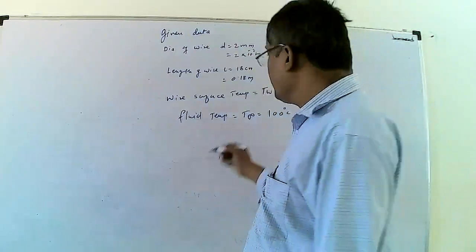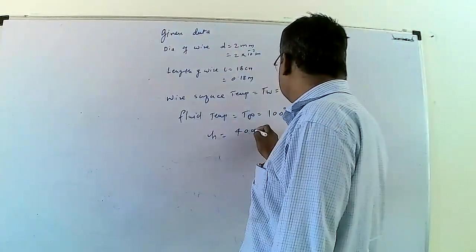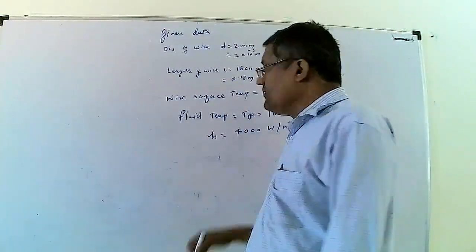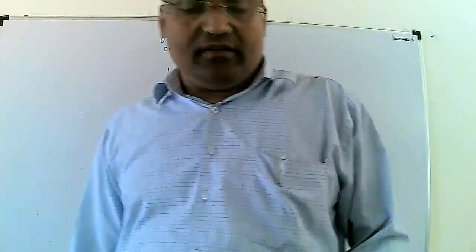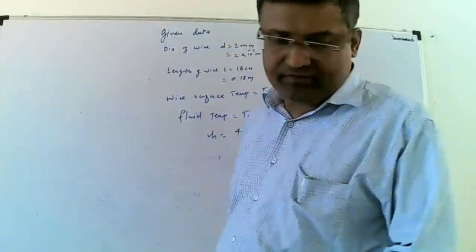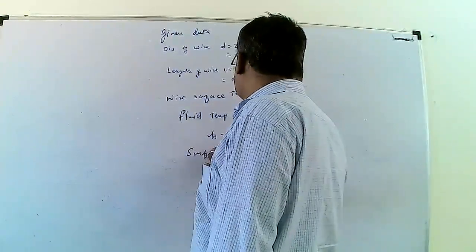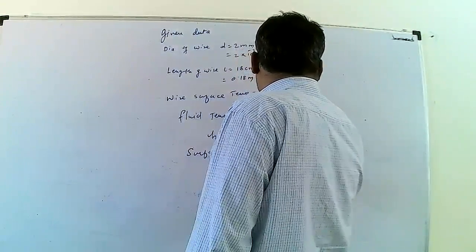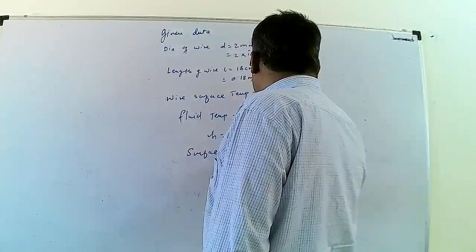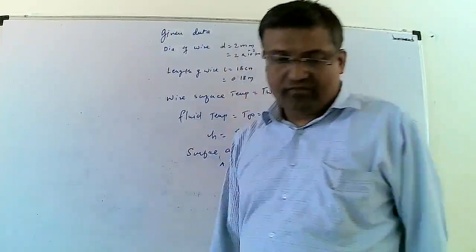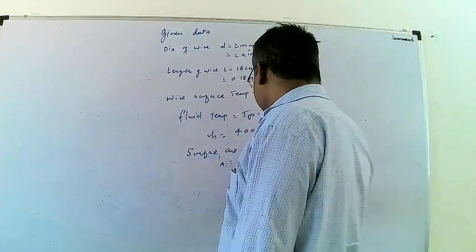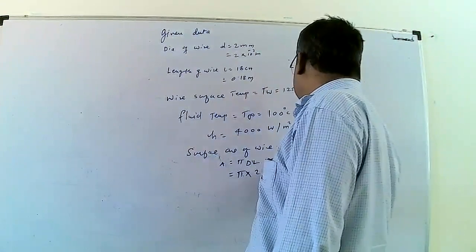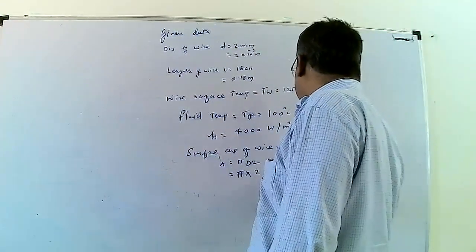Then h is equal to convective heat transfer coefficient, 4000 W per meter square Kelvin. Then surface area of wire exposed is equal to pi d L. Pi into d is given 2 into 10 raised to minus 3, L is 0.18.